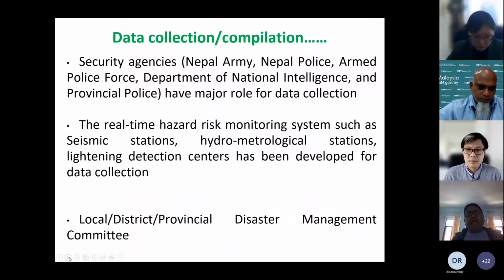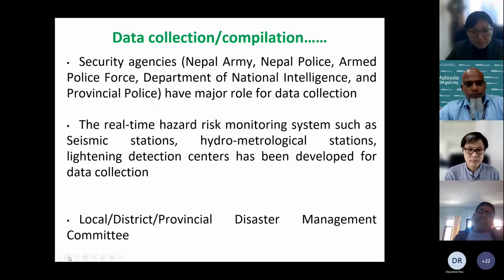In the central, we have the Ministry of Home Affairs and the NDRRMA, the National Disaster Reduction Authority. With this structure we verify the data collected and monitor all these activities. Next slide, please.